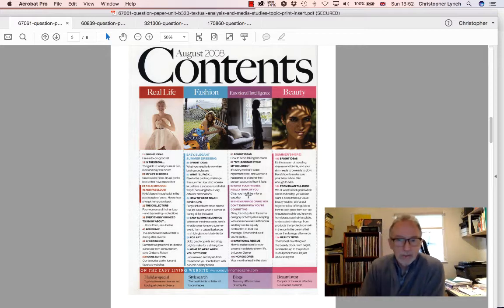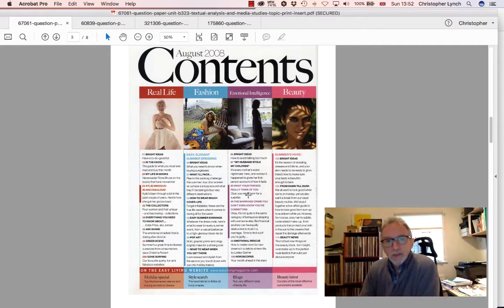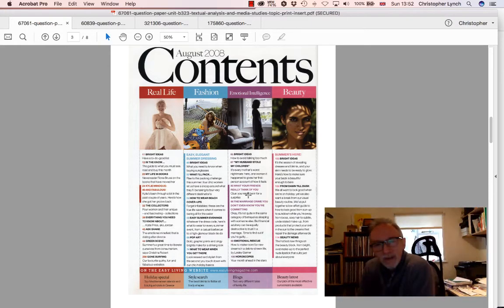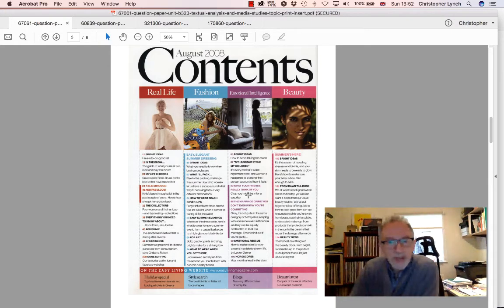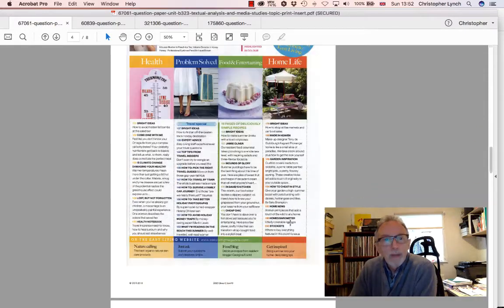So now I'm going to turn to the main point of this lesson, which is what kind of femininity, what kind of woman is being represented in these 4 pages.